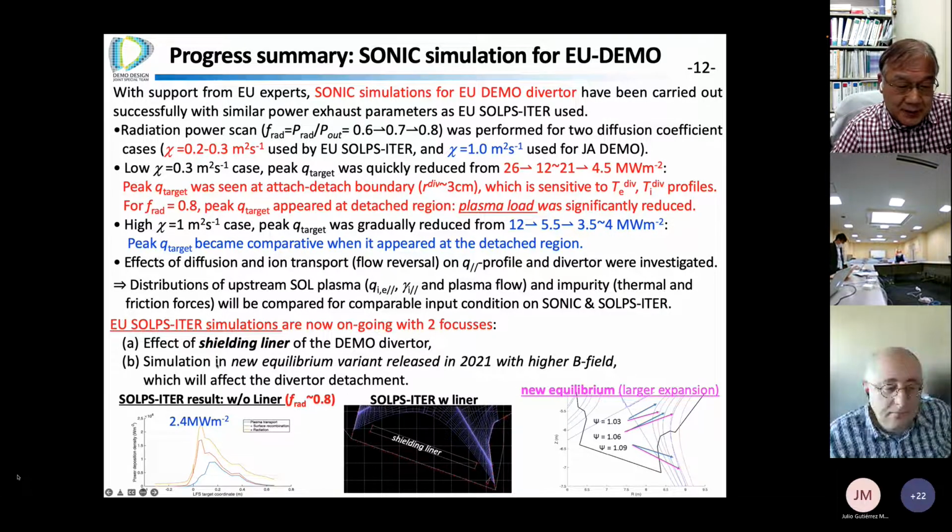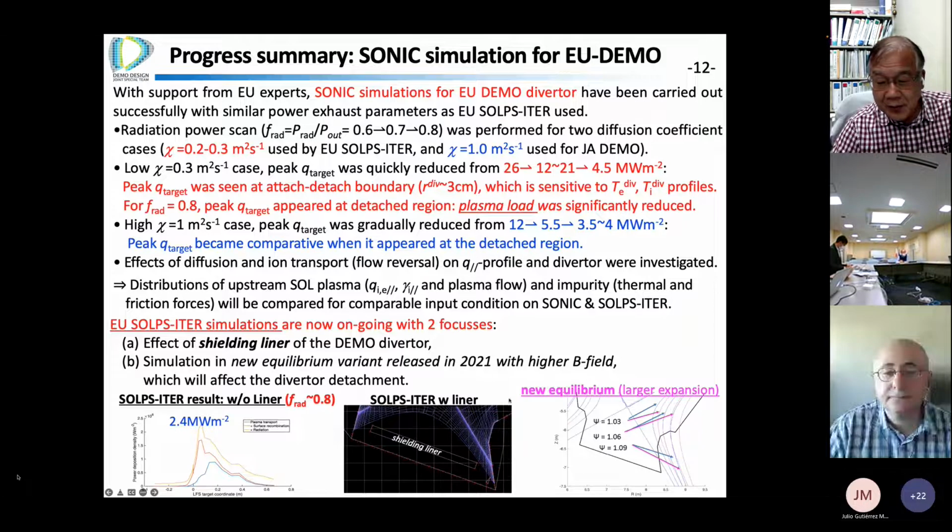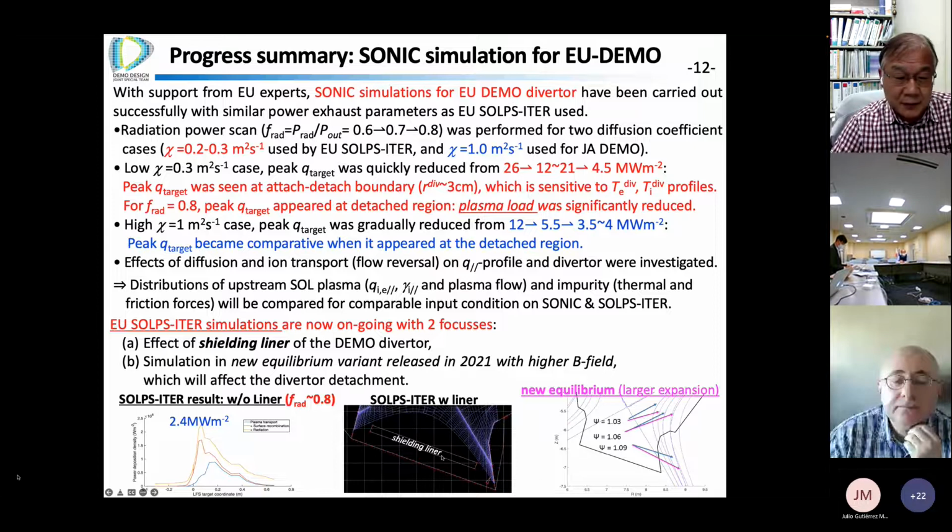At the same time, they changed the equilibrium data to a new one with higher toroidal field, so the expansion increases. That will affect the detachment situation. Maybe we can compare this data to their previous data without the dome, and then together calculate similar shielding liners in the future. So that is one topic.